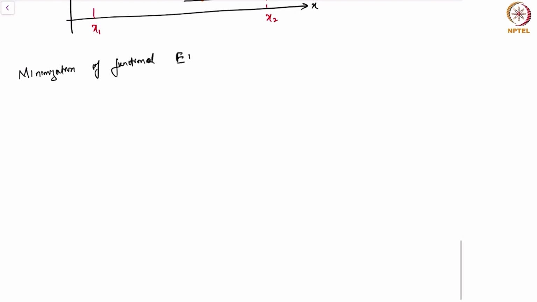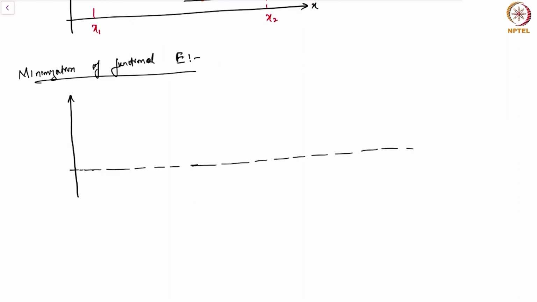What does minimization of the functional E mean? Let's consider the same problem that we have, which is the meniscus. Let us say this is my coordinate system, with X here and Y here.